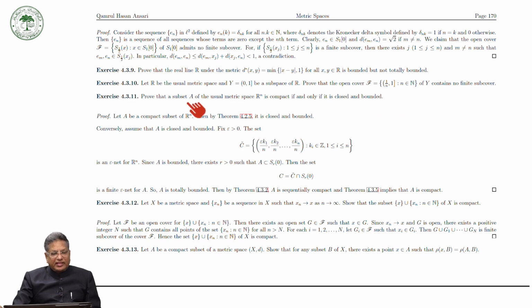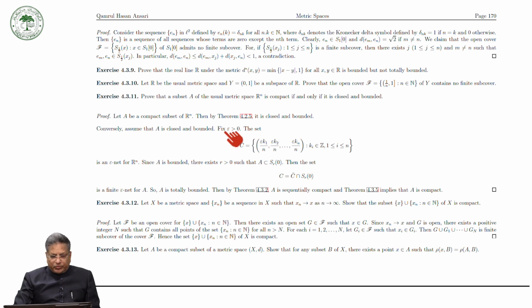That is to say, if a subset A of the usual metric space Rn, not only R2, is compact if and only if it is closed and bounded. You can treat this exercise as a theorem.